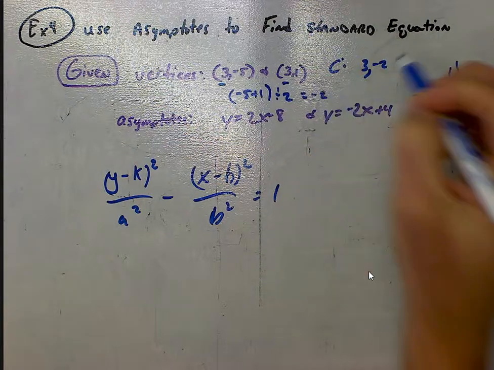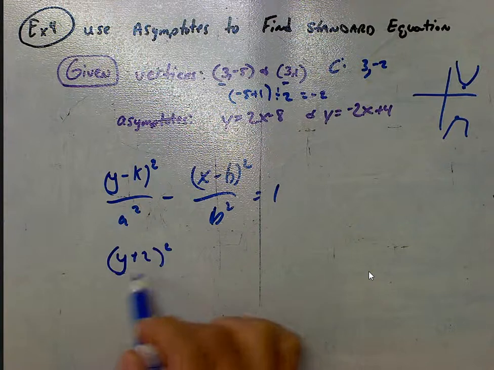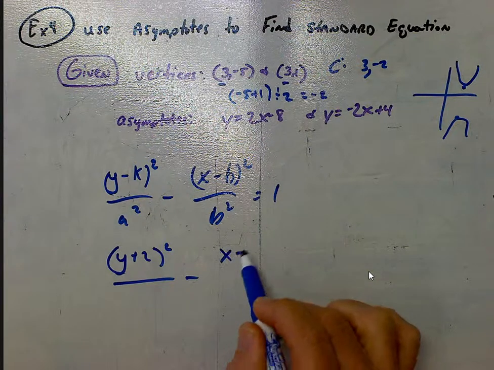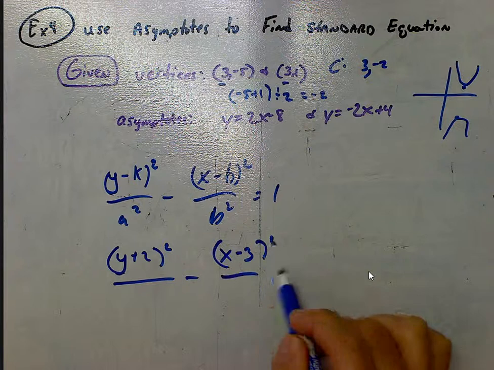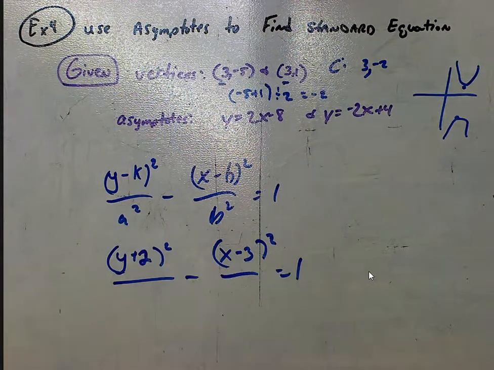So that tells me y plus 2 quantity squared over something minus x minus 3 quantity squared over something equals 1. So I found h and k so far.